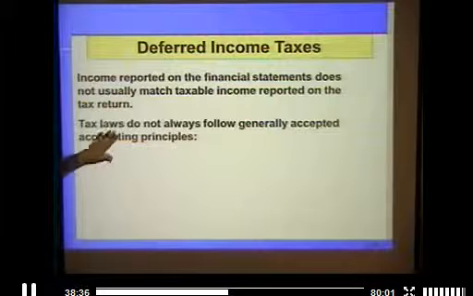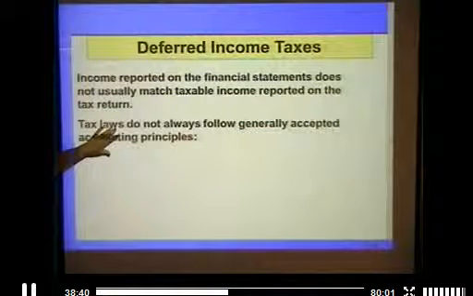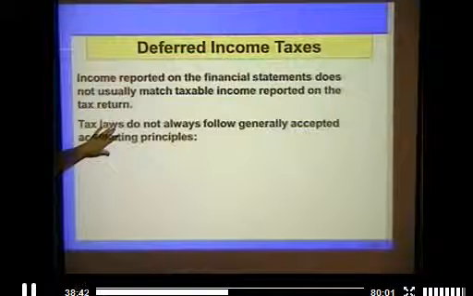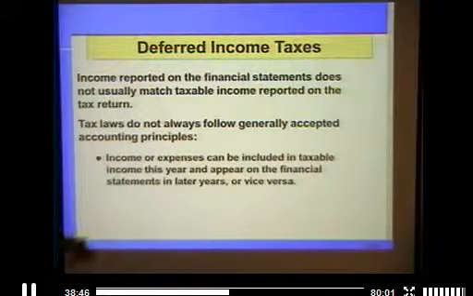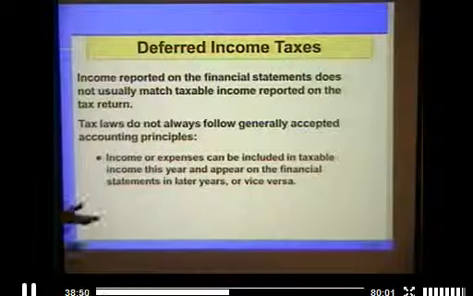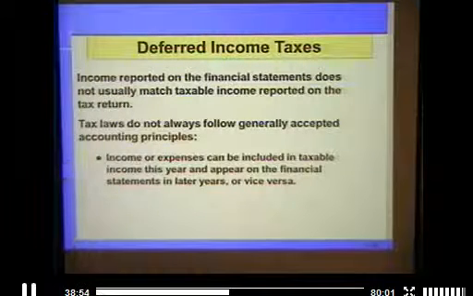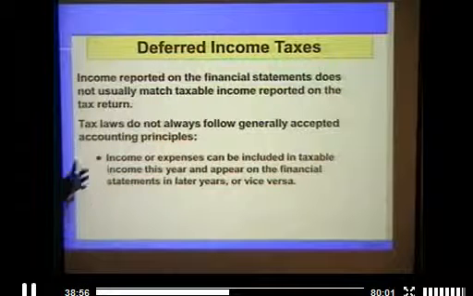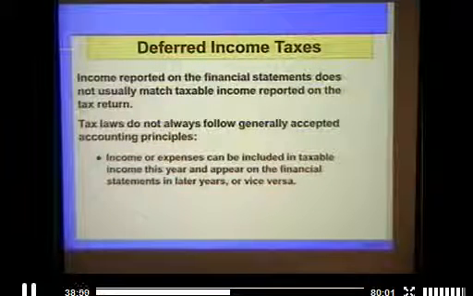And so, remember some of the things we had covered in the tax laws, where we had to use the income tax method versus the other method, and on trade-ins, on things like that. So the books and the tax reports may not match. So you've got to have two sets of reports.